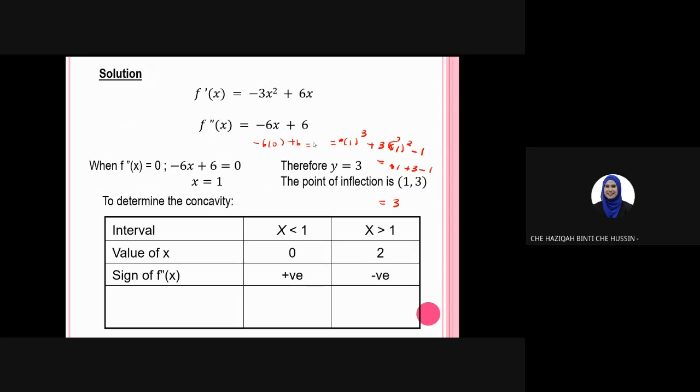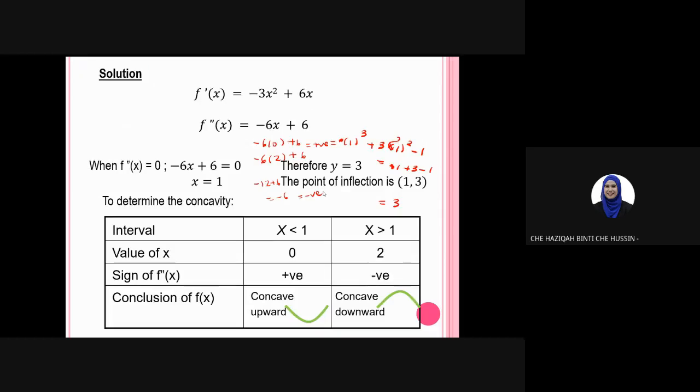And then the second one, negative 6 times 2 plus 6. So negative 12 plus 6, so we will get negative 6. So the sign is negative. Okay, so if it is positive, it will be concave upward. And if the sign is negative, it will be concave downward.